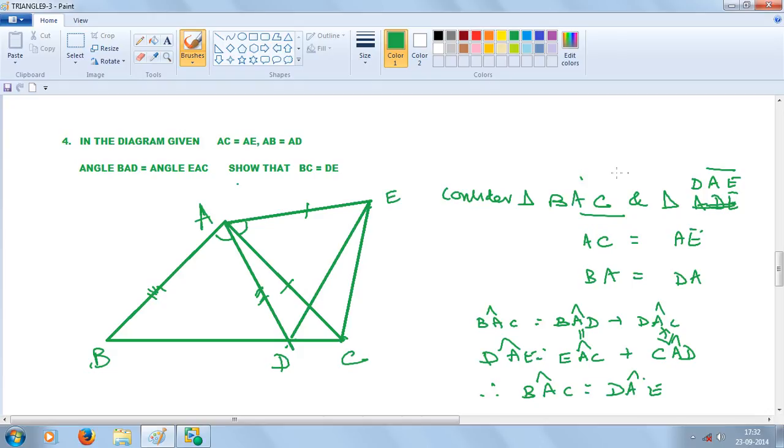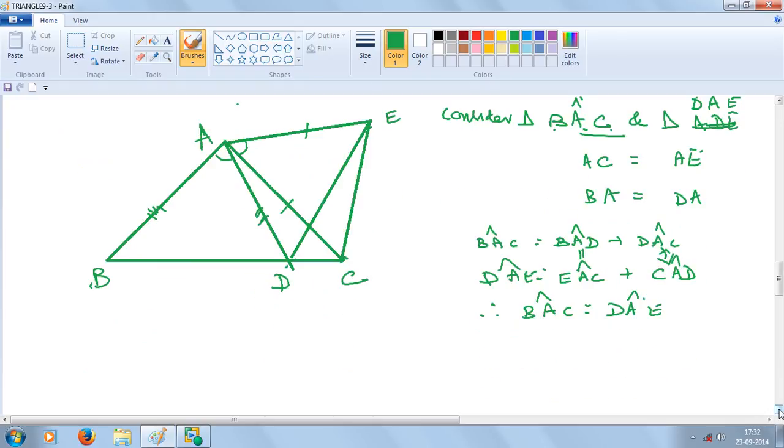So what about this triangle? Angle BAC, same order, is equal to angle DAE, this angle, the included angle of the triangle.